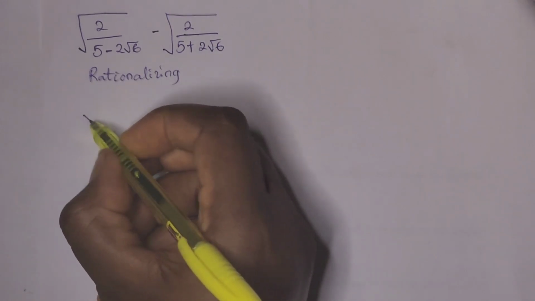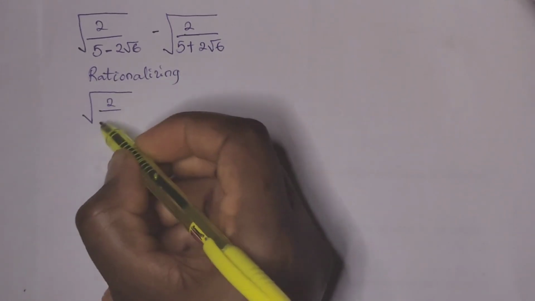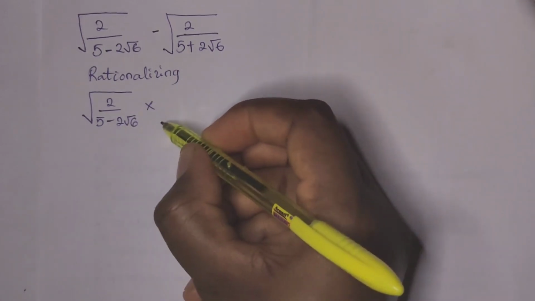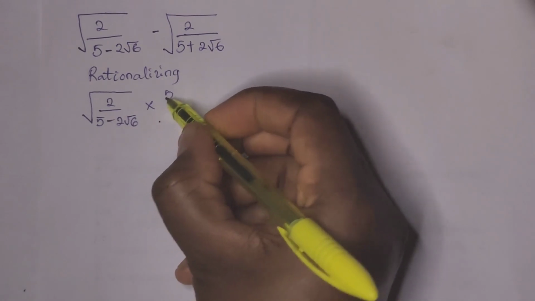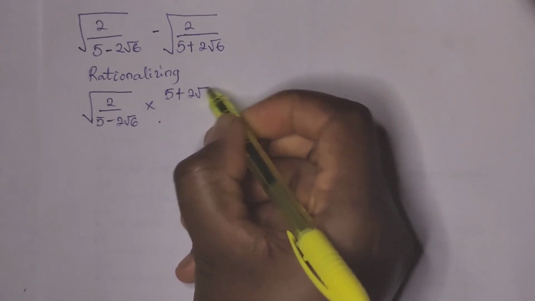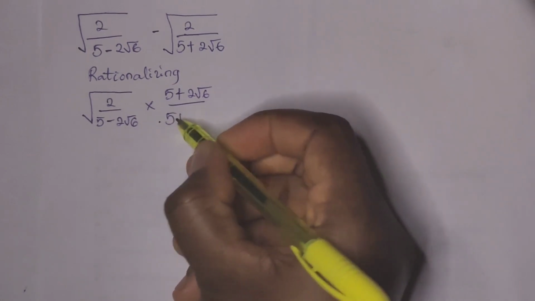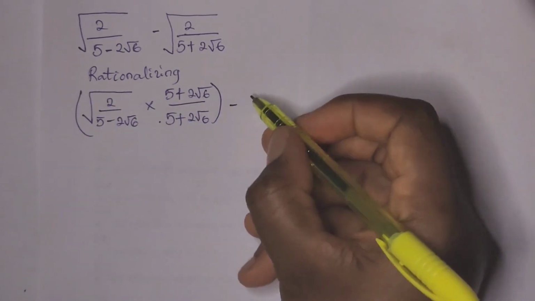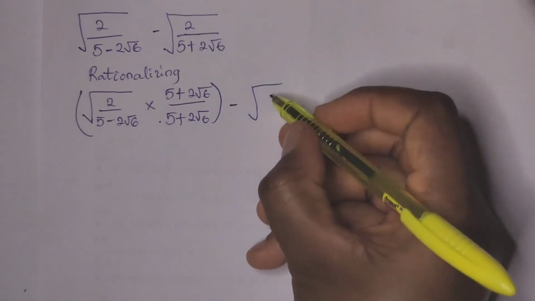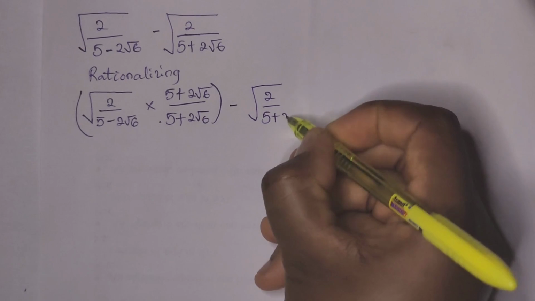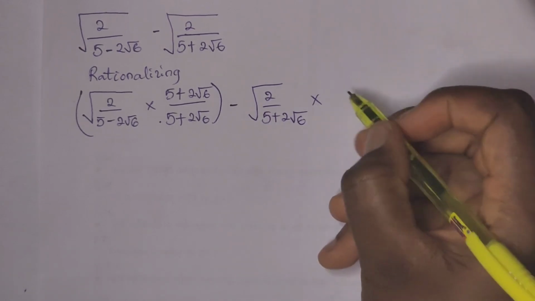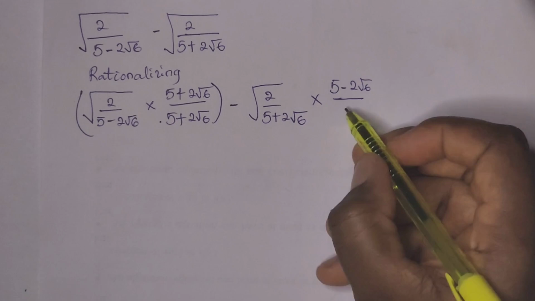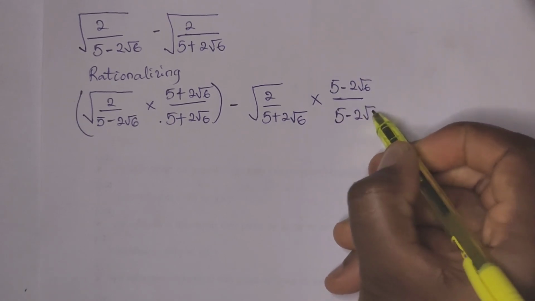So we have square root of 2 over 5 minus 2 root 6 times 5 plus 2 root 6 all over 5 plus 2 root 6, minus this one, the square root of 2 all over 5 plus 2 root 6 times 5 minus 2 root 6 all over 5 minus 2 root 6.